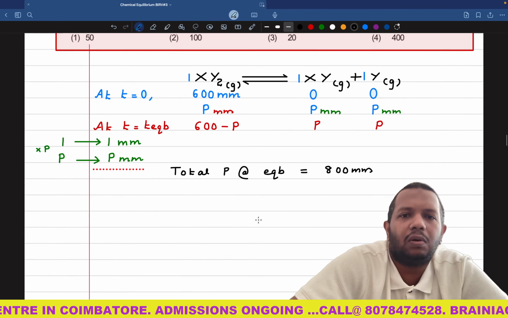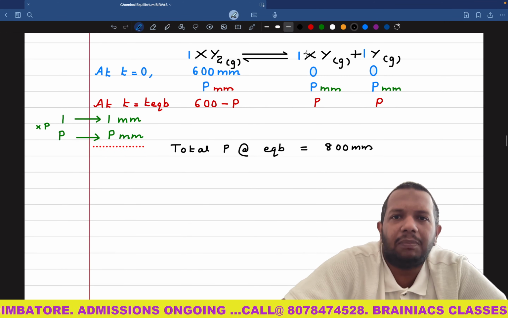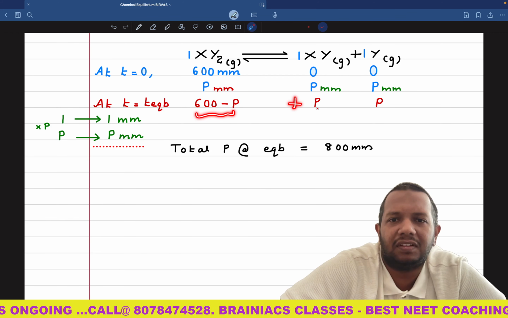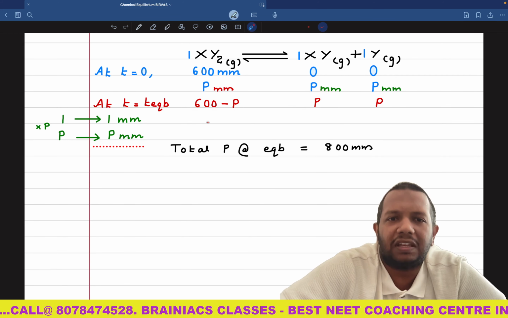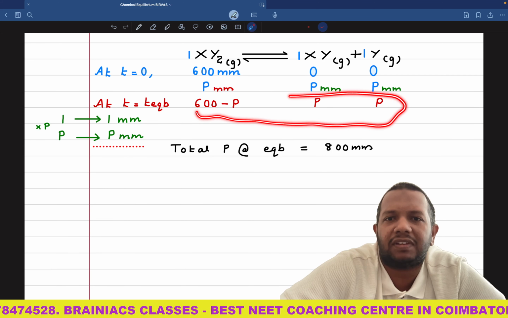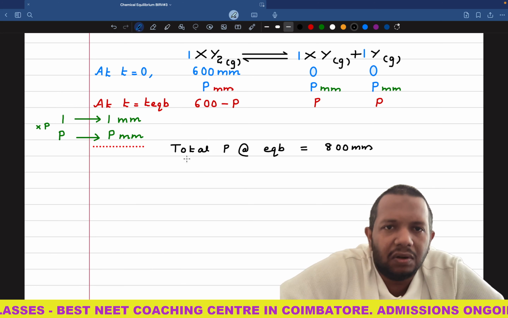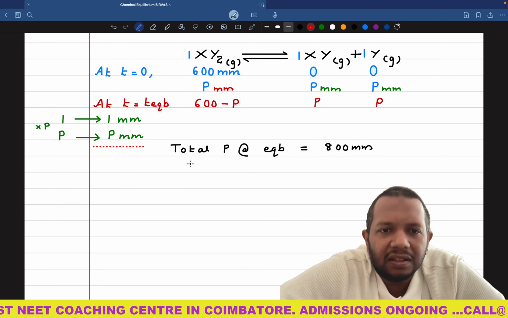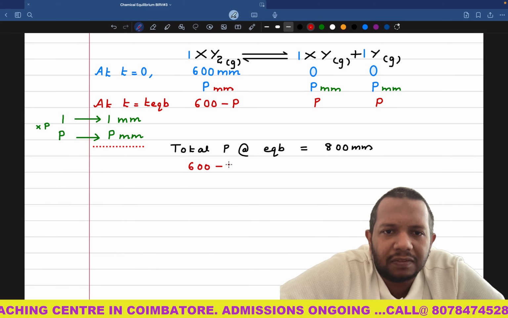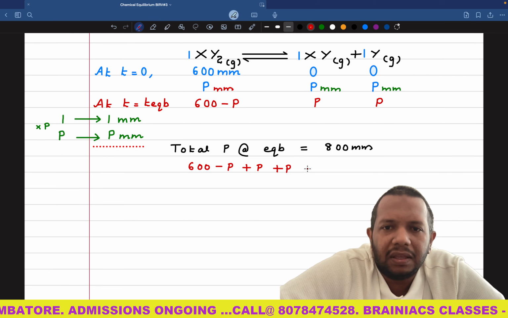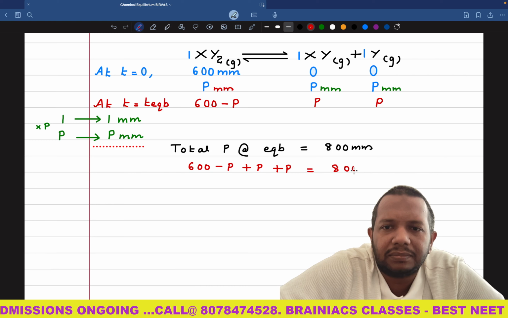So we know total pressure at equilibrium can be found by adding 600 minus P plus this value, because at equilibrium these are the units that are present. So we are adding 600 minus P plus P is equal to 800.